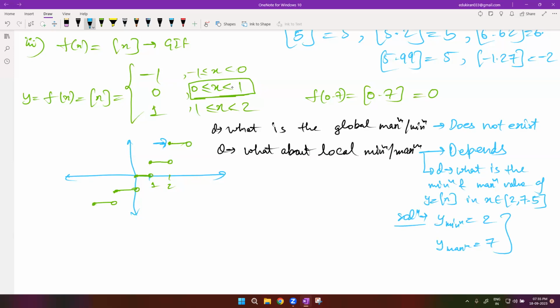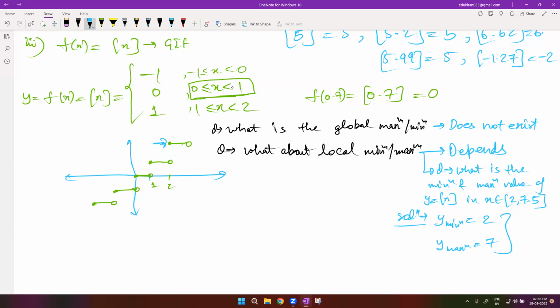So it depends on what the question is. If you're asking about minimum or maximum values in a certain interval, then we can have an answer for that, and in most cases we will have an answer. But when we are talking about global maximum and global minimum, for some functions it may exist, and for some functions it may not exist, right?